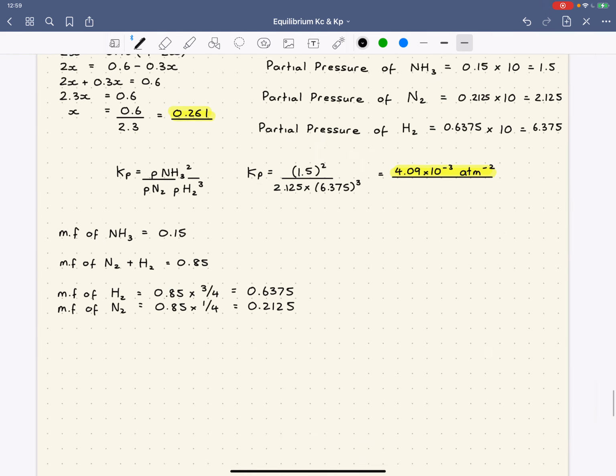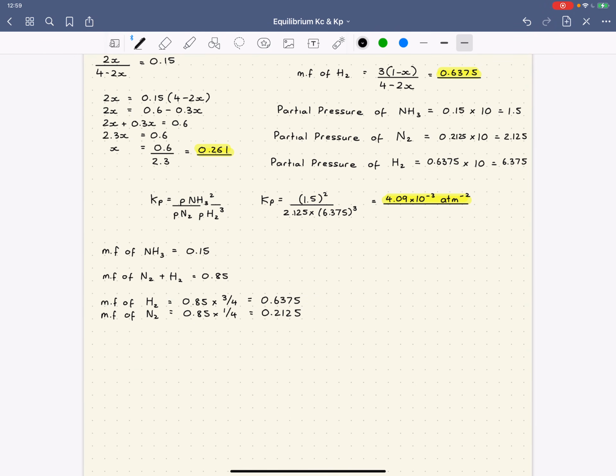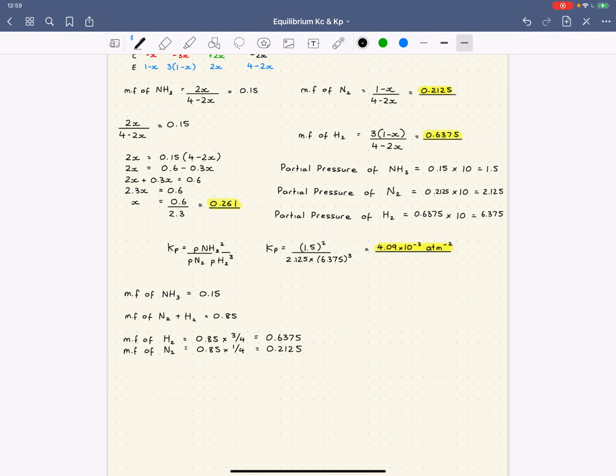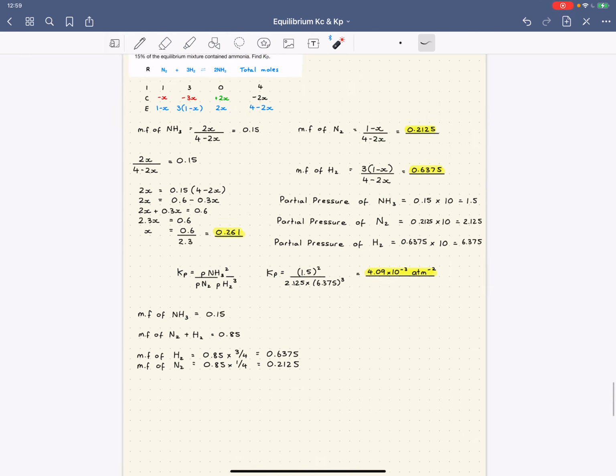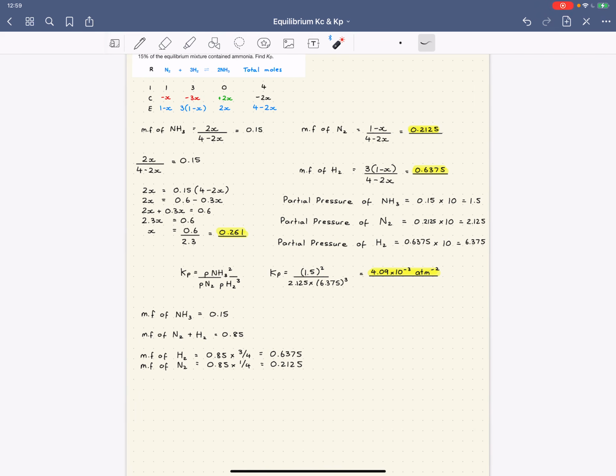So you get the same answers as you would have done if you do these calculations here. Obviously, this is a little bit easier, but this is just an additional method to using RICE tables. But this one is one that you may find a little bit easier to grasp. As I said, both will give you the same mole fractions, and again, once you've got your mole fractions, you need to work out partial pressures and then plug them into your Kp expression.